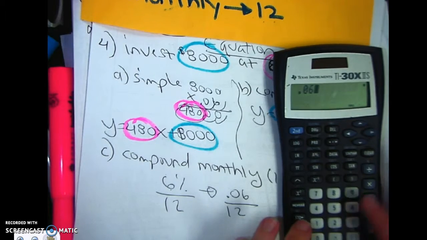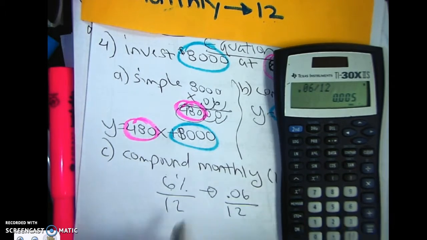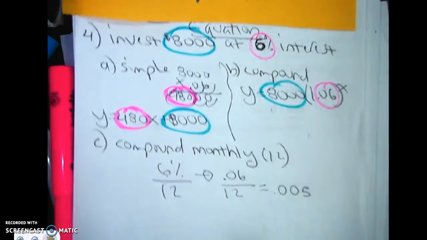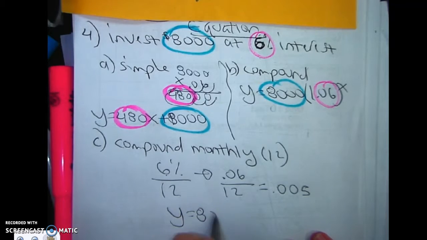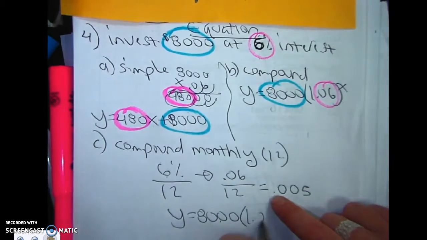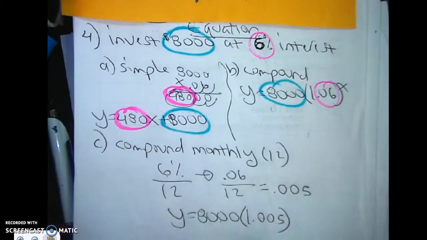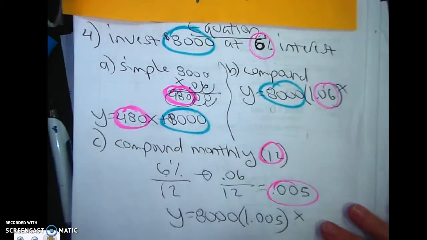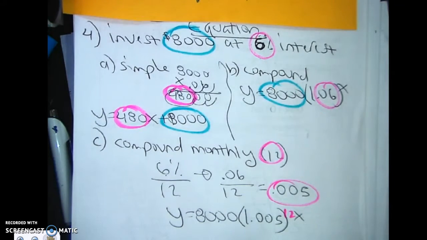So 0.06 divided by 12 equals 0.005. So now I'm going to go y equals 8,000, just like I did here. But this time it's 1.005. And it's not just to the x, it's to the 12x. Remember, you have notes for this.